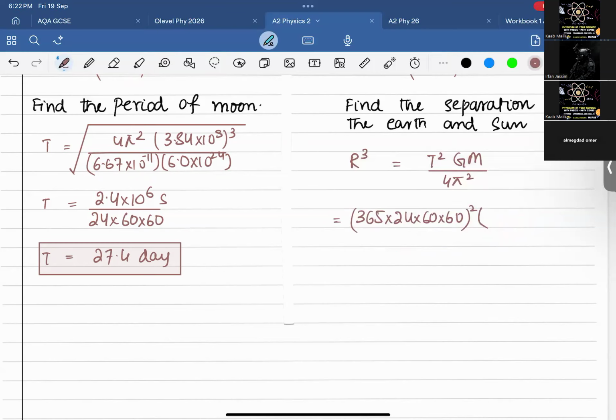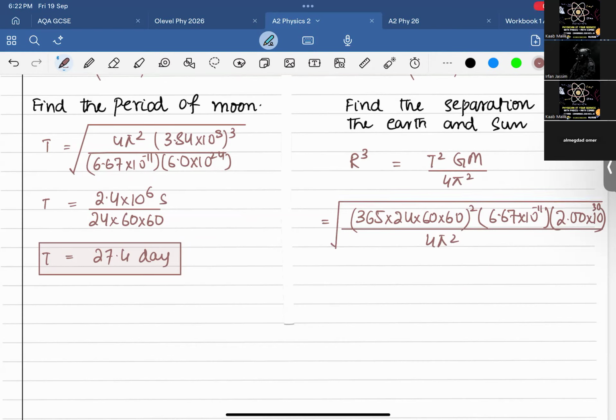Then we have the G value, which is 6.67 times 10 to the negative 11. Don't multiply by the months when converting years into seconds. Then we have the mass of the Sun as 2 exponent 30, divided by 4 pi squared, and then you have to cube root the whole thing.